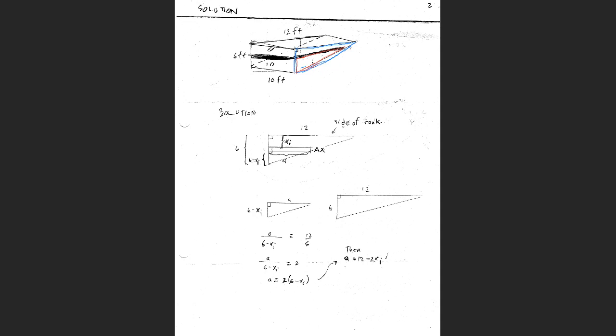that has length A, and the distance from the top of this red triangle to the top of the tank, I denote by xi. So 6 minus xi is going to be the distance you see there.